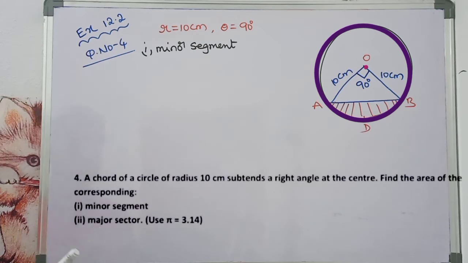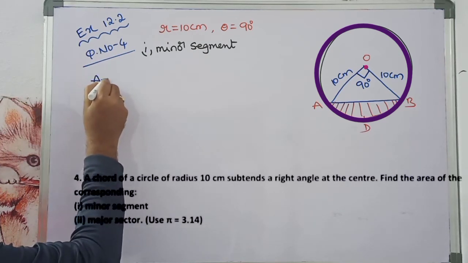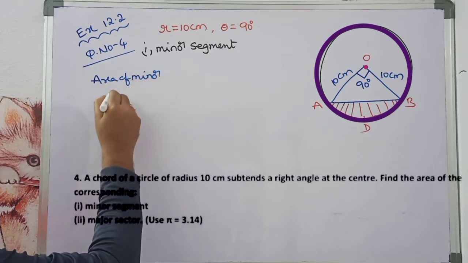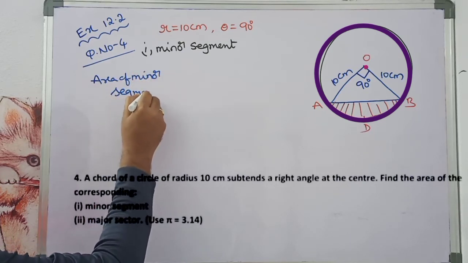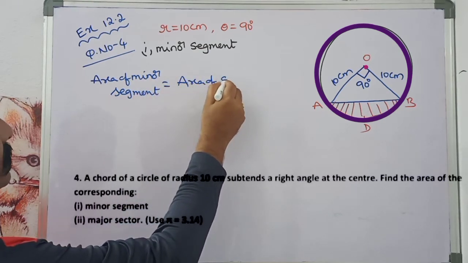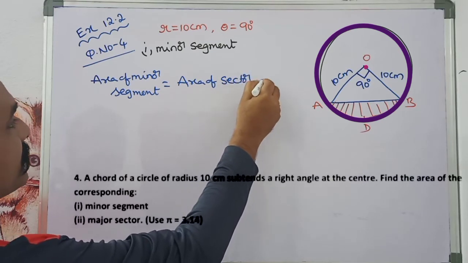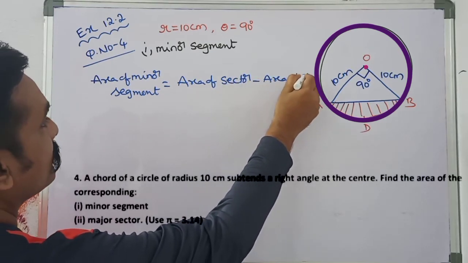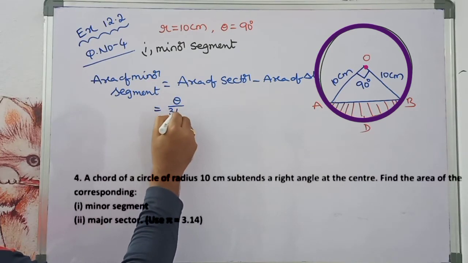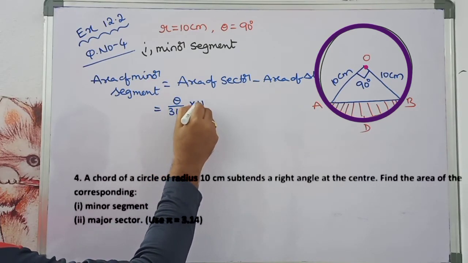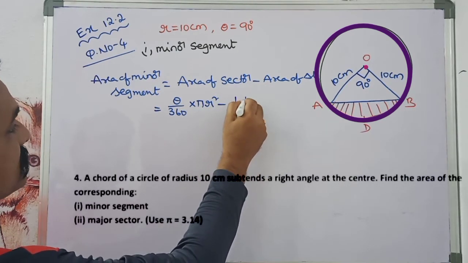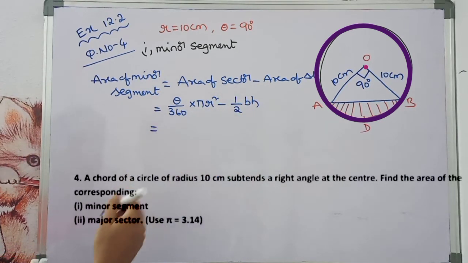So area of minor segment equals area of sector minus area of triangle. Area of sector is theta by 360 into pi r square, minus area of triangle, which is half into base into height.